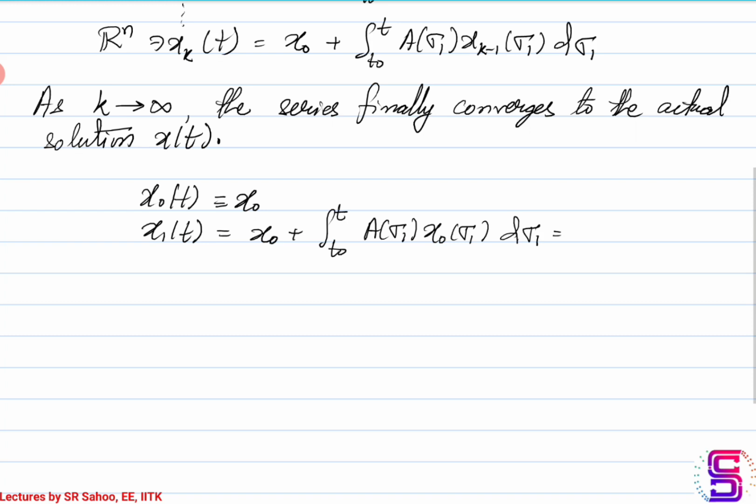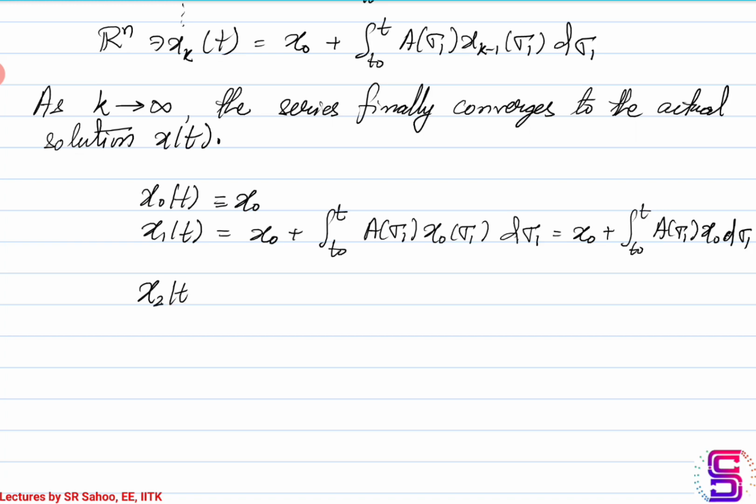So this is nothing but x0 plus the integral from T0 till t of A sigma 1 times x0, since x0 sigma 1 is nothing but the initial condition, which is constant with respect to time, right? It is this. So this is x1 of t.